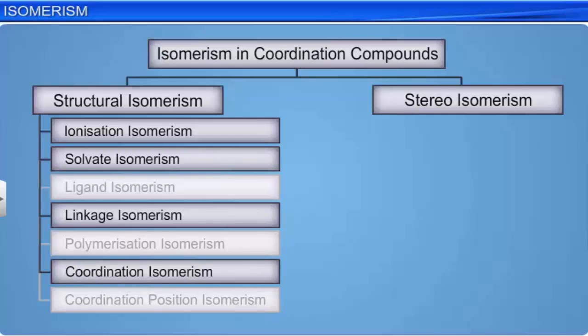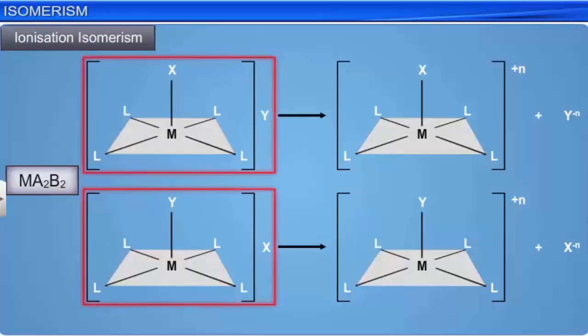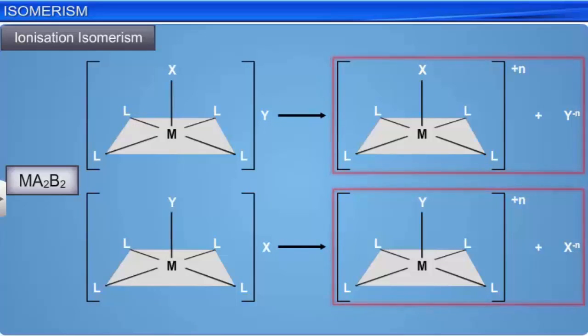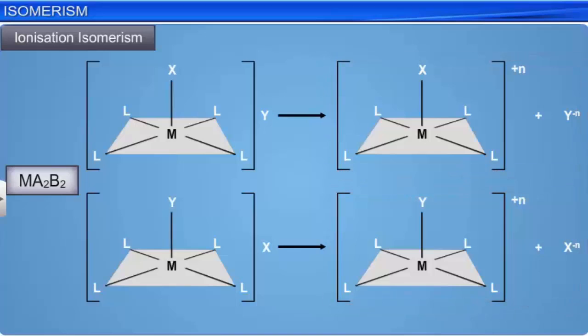Compounds that have the same stoichiometric composition but yield different ions in a solution are called ionization isomers. This type of isomerism is due to the exchange of groups between the complex ion and the ions outside it. The composition can be determined by a precipitation reaction.